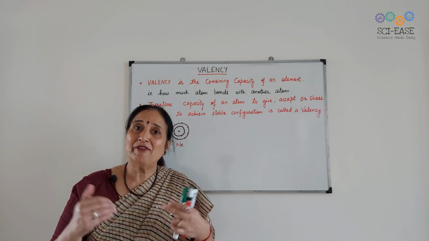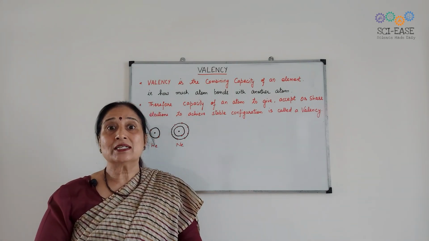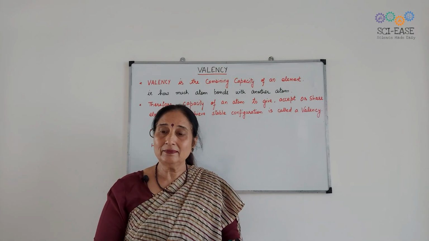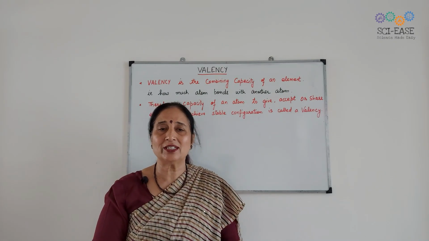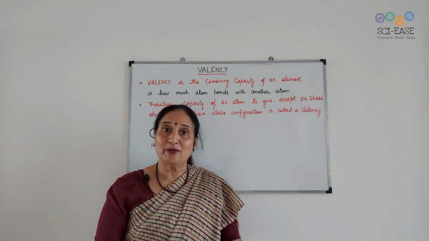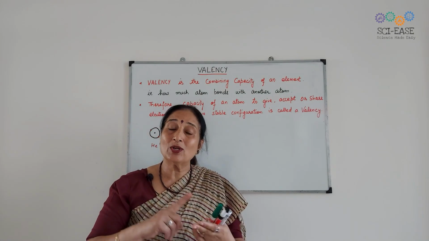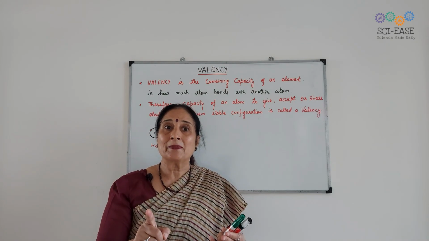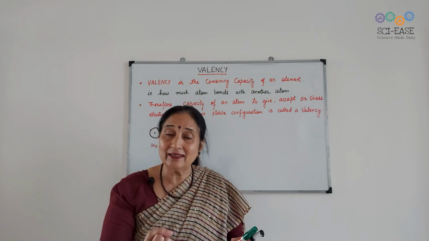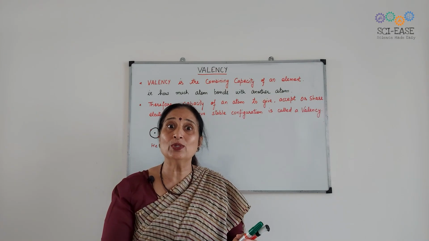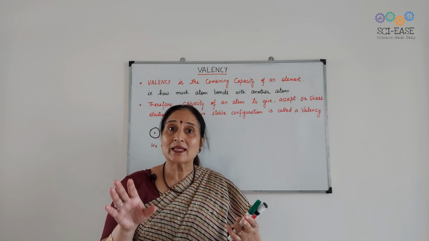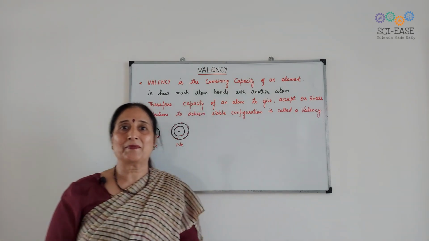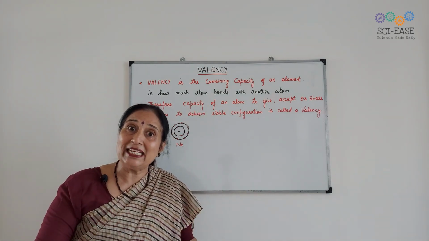But when we take the case of some other elements, like hydrogen, hydrogen is unstable because there is only one electron. Either it should gain an electron or it should lose this electron to acquire stability. So what is valency?